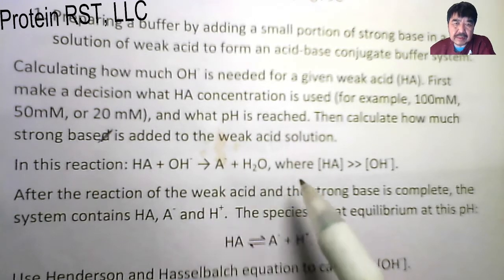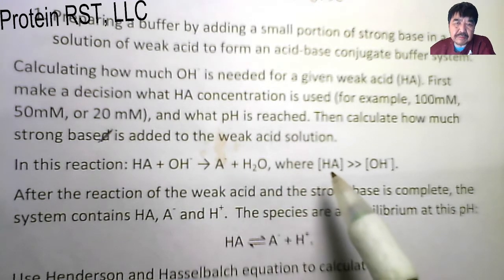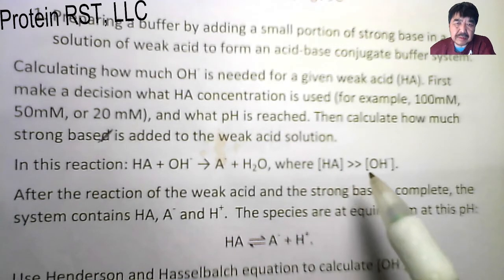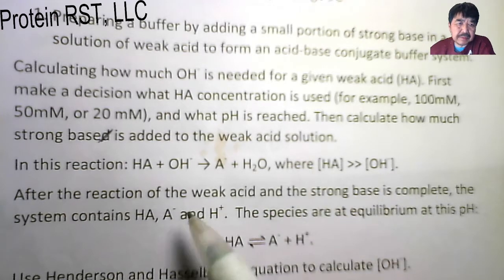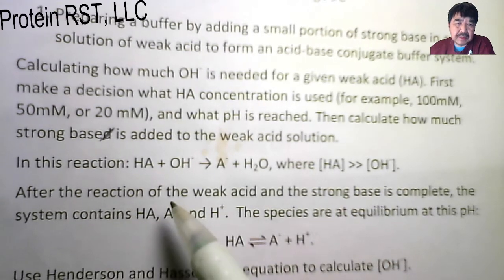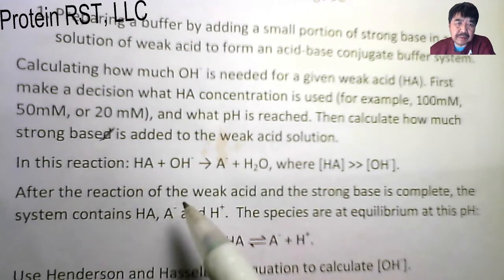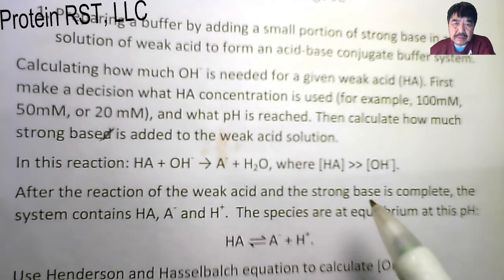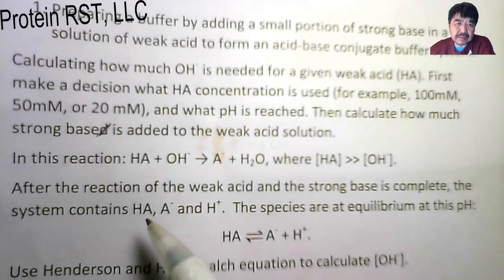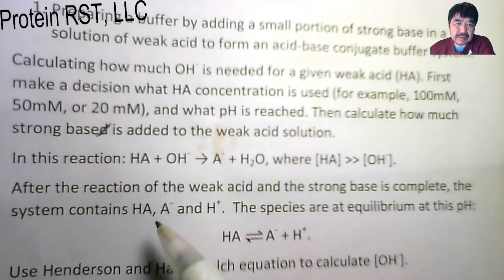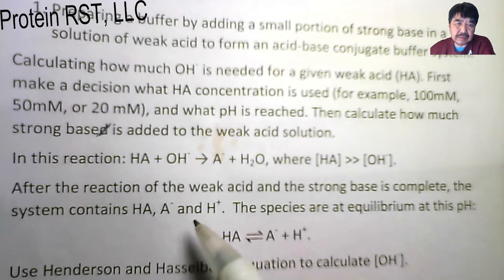In this reaction, the concentration of weak acid is much more than the strong base. After the reaction of weak acid and the strong base is complete, the system contains three species: the acid molecule of the weak acid, the acid radical, and the proton.